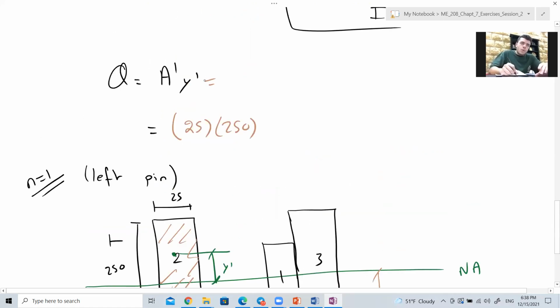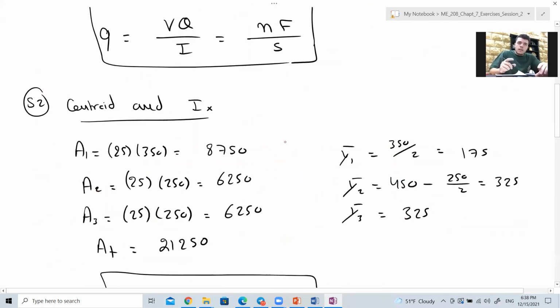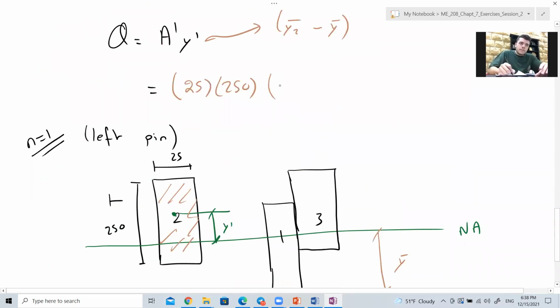So y prime is y2 bar minus y bar, which is 325 minus 263.235.